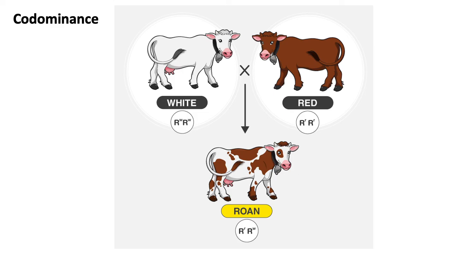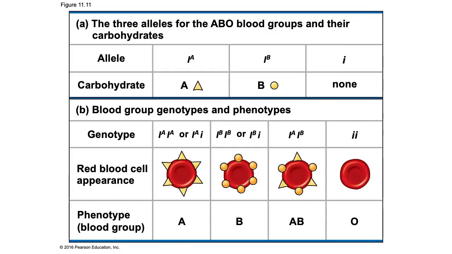Another way that a trait can differ from the Mendelian laws of inheritance is if it has more than 2 alleles for the gene. One gene that fits into this category is the gene that controls what your ABO blood type is.